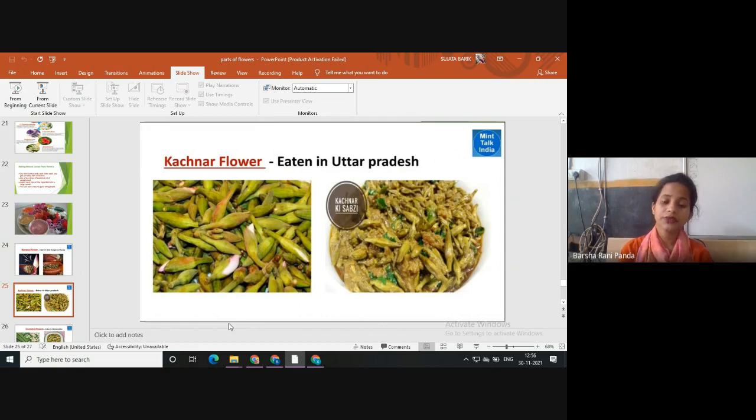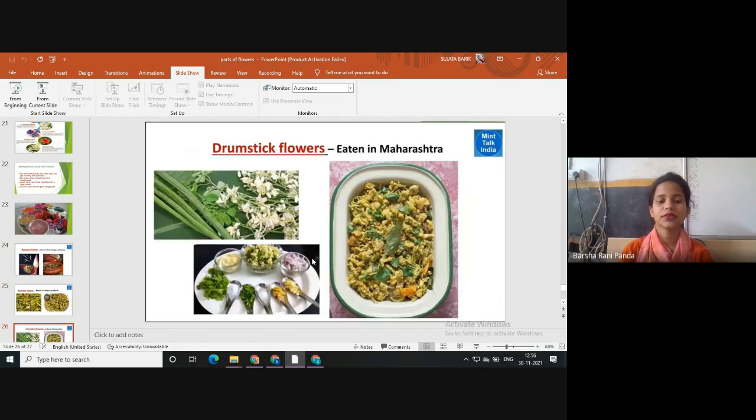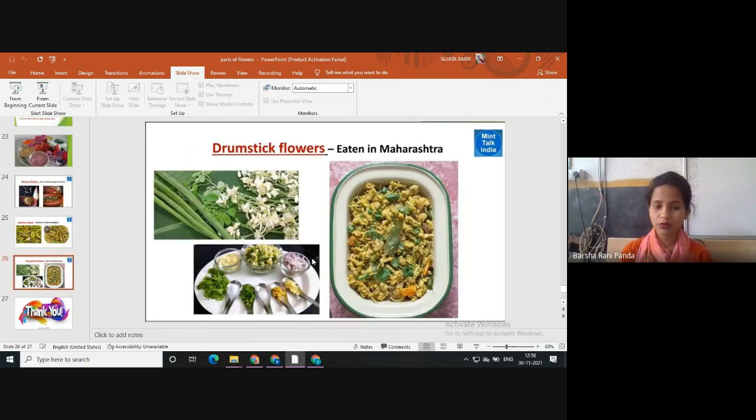These are the kachnar buds, and these buds are used for making kachnar sabji, which is eaten in the state of Uttar Pradesh. Next है drumstick flower. We all see drumstick flower in our houses also, and drumstick flower is also very tasty, and the dish prepared from the drumstick flower is eaten in Maharashtra.